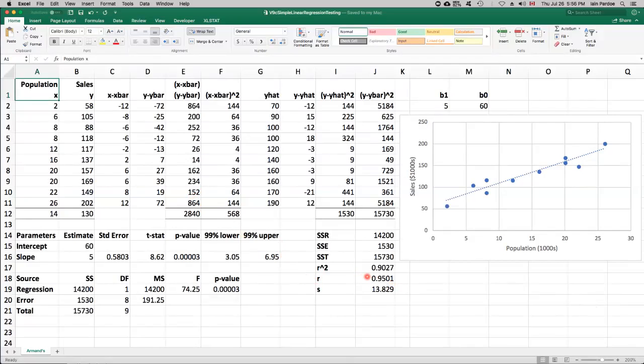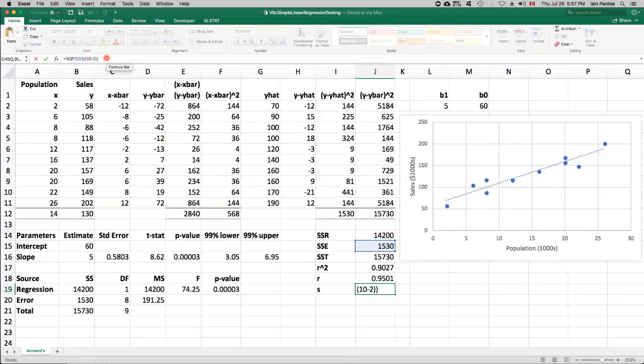To do that, we're going to calculate S here. And S is often referred to as the standard error of the estimate, or sometimes the regression standard error. It's calculated as the square root of the mean squared error.